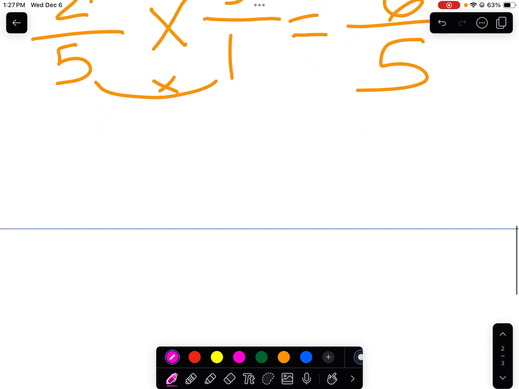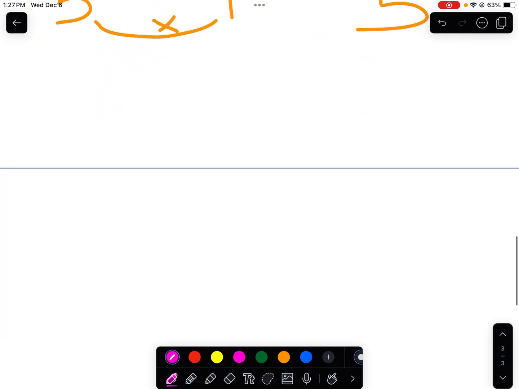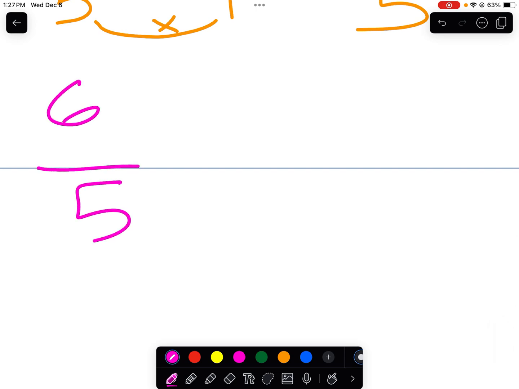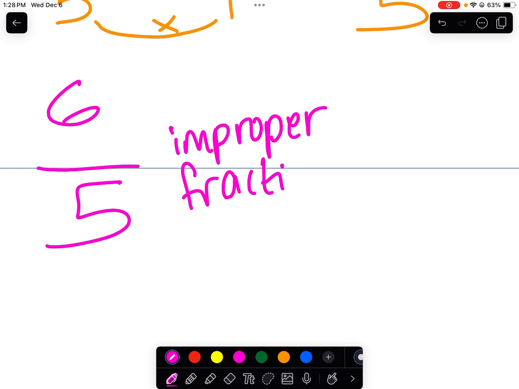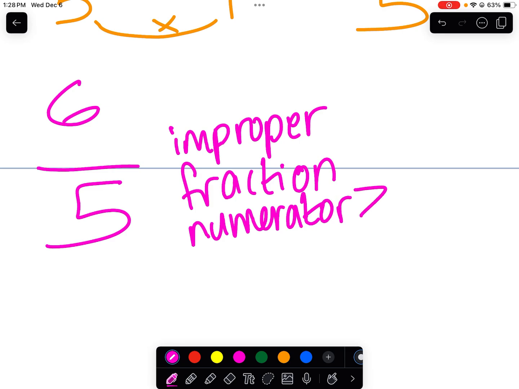Now, what do you notice about 6/5? 6/5 is an improper fraction. Why is it an improper fraction? It is an improper fraction because the numerator, or the upstairs, is greater than the denominator.